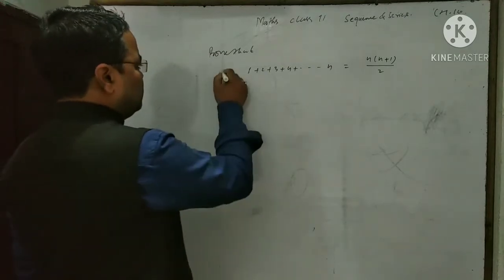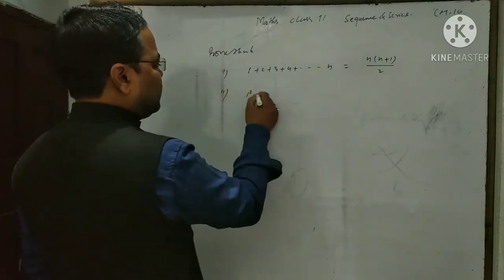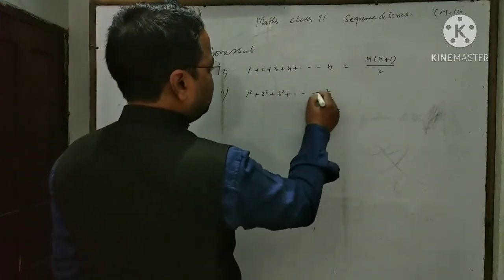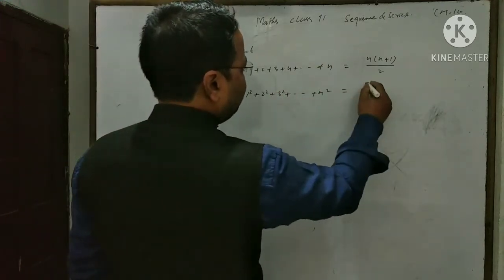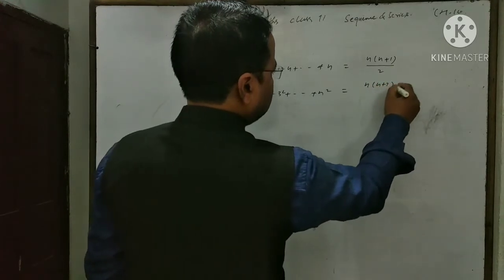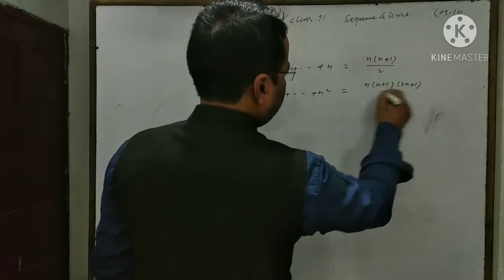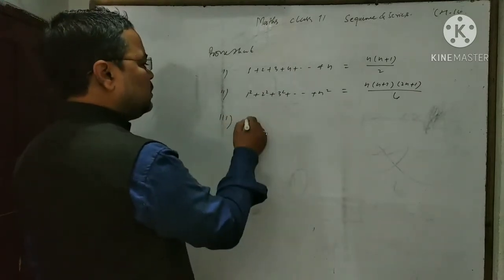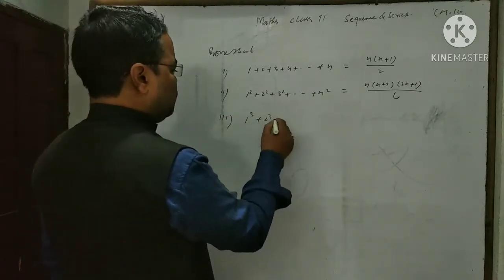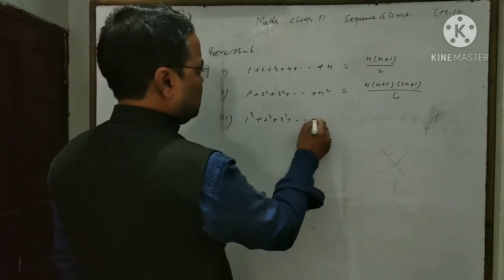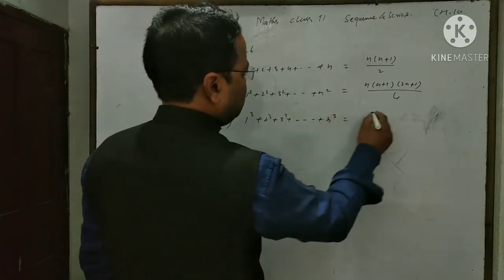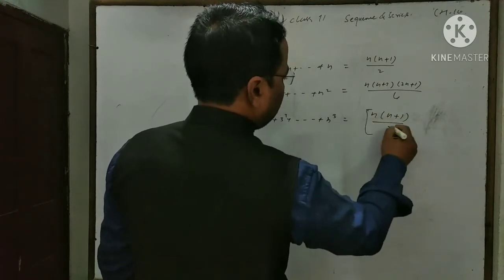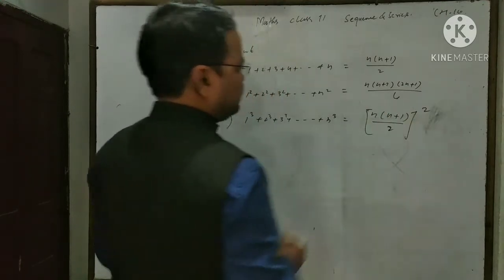Similarly, we have to prove the second: 1 square plus 2 square plus 3 square up to n square is equal to n into n plus 1, 2n plus 1 by 6. And the third one: 1 cube plus 2 cube plus 3 cube up to n cube is equal to n into n plus 1 by 2, whole square.